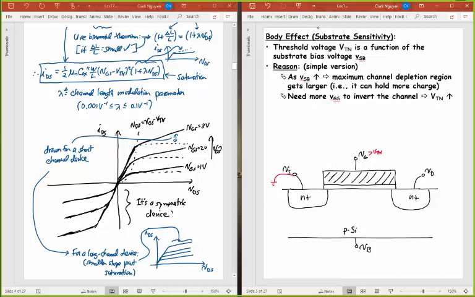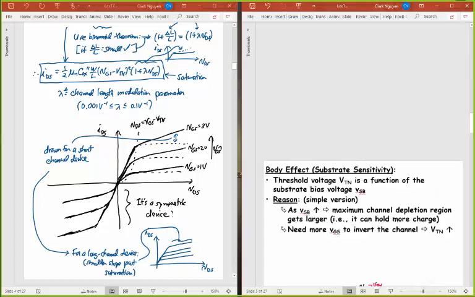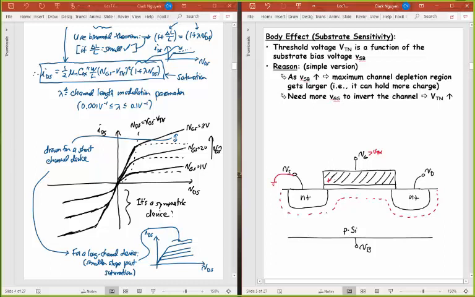You know that what happens when I apply this is I form that depletion region. So there's that depletion region. Because this is a P-type silicon substrate, that means there's holes all over this. But when I apply a positive voltage on this, so I put some positive charge here, what that has to do is induce an equal and opposite negative charge in the substrate.